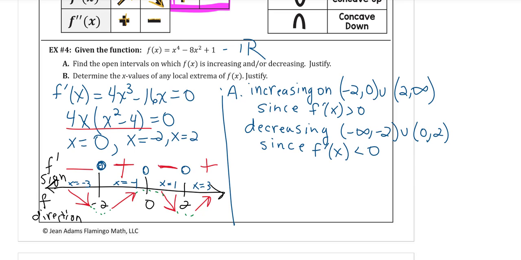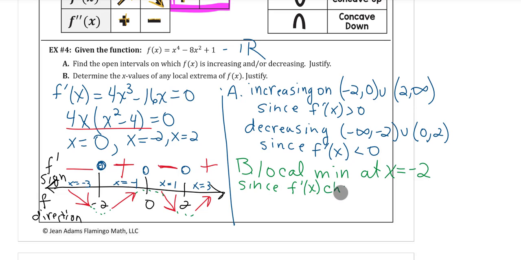And now we can do part B. Part B wants our local extrema, and so we know the x values. So we know there is a local minimum at x equals -2, and the reason for that is since f prime of x changes from negative to positive.